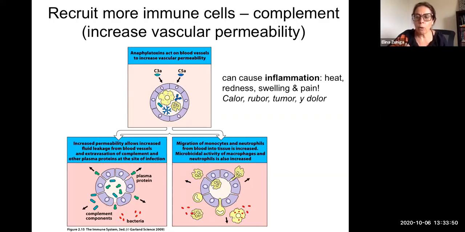And so when you have an increase in the blood flow, and in this case, this is induced by C3a and C5a, but we will learn that there are many factors that increase this vascular permeability, so they weaken the tight junctions in the endothelial cells to increase the blood flow. This increased blood flow in these vessels will cause heat and redness, okay?